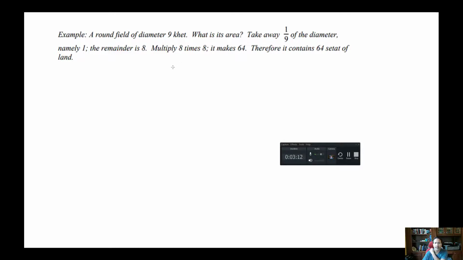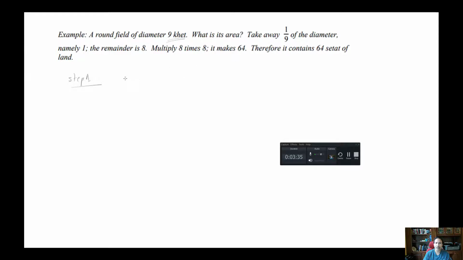The first thing we need to figure out is how they did this. Let's translate their solution into a formula. But first, we're going to use this number 9 as is. Step 1 in their approach was to take away 1/9 of the diameter.